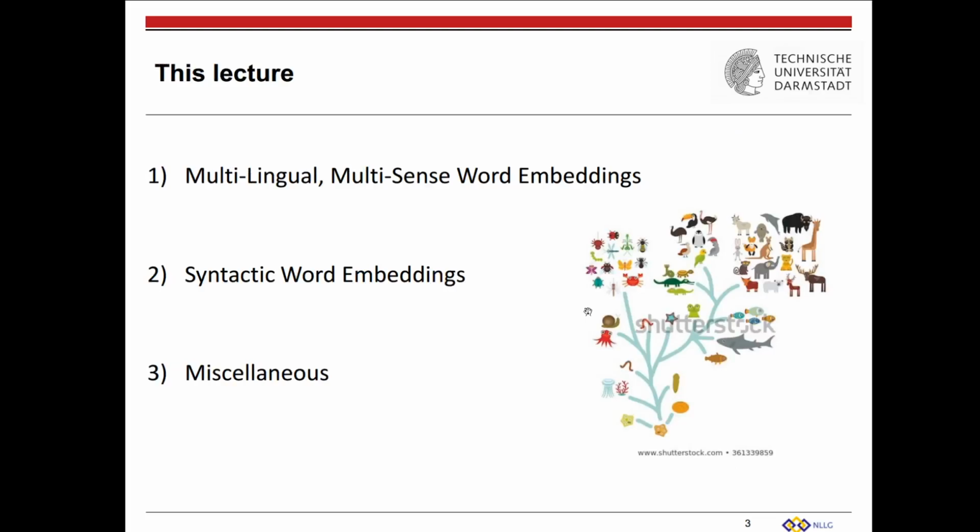So in this lecture today, as I've already outlined, we will talk about multilingual and multisense word embeddings. Multilingual means you have multiple languages in the same vector space. Multisense means you attribute each sense of a word a different vector.